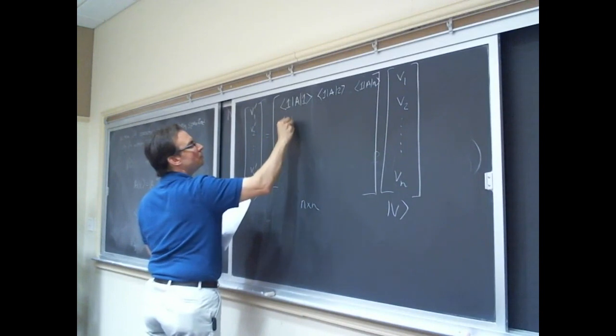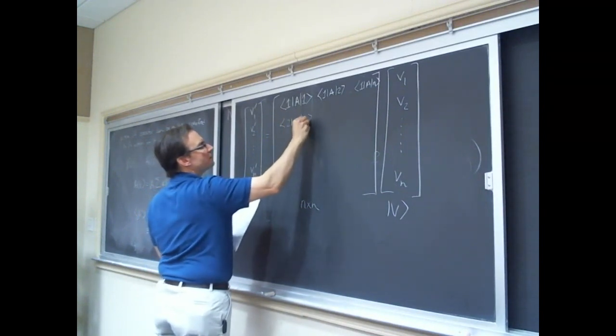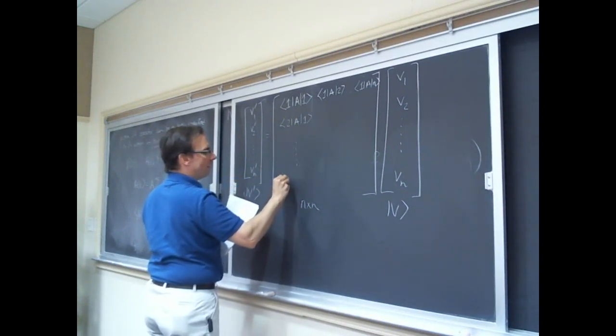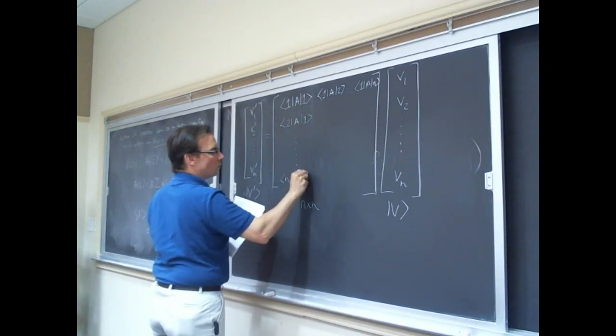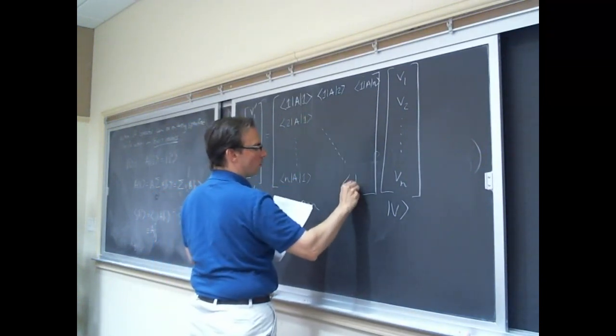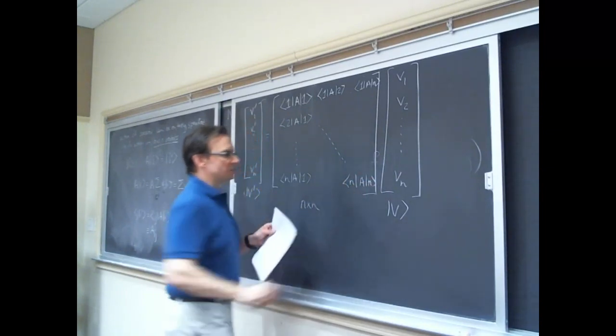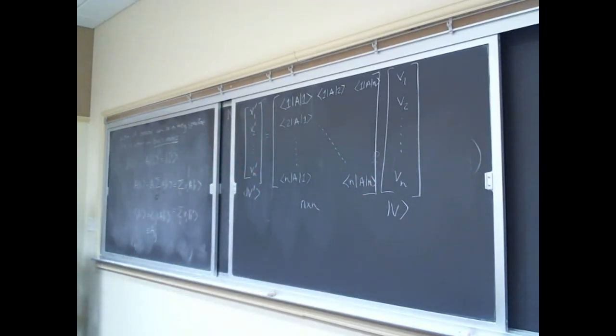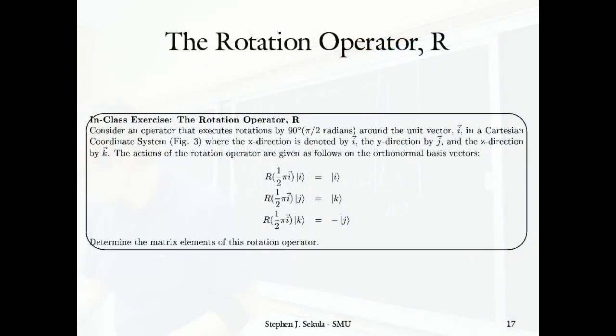Here we're in the 2,1 position, all the way down to n,1. And then finally, all the way down in this lower right corner, we have the nth basis vector, A, the nth basis vector. All right, so let's exercise this. Another exercise. Let's put this to use.